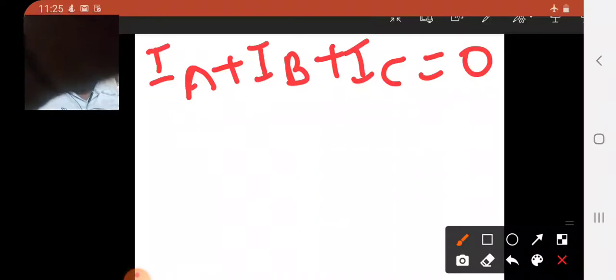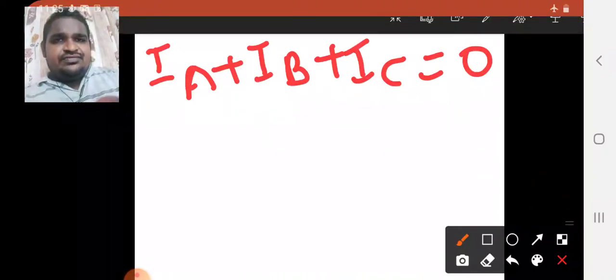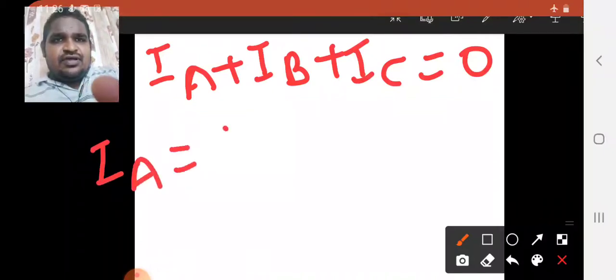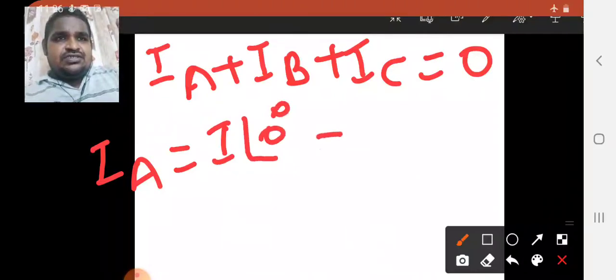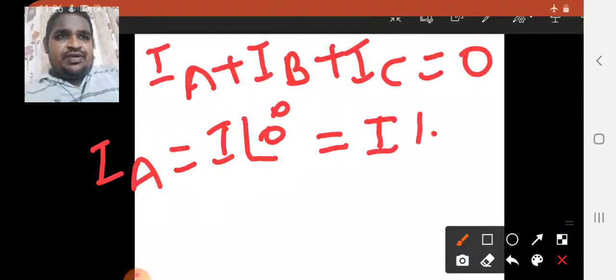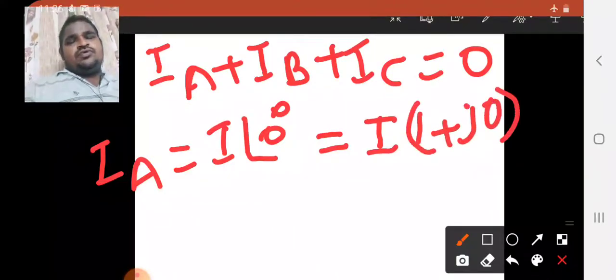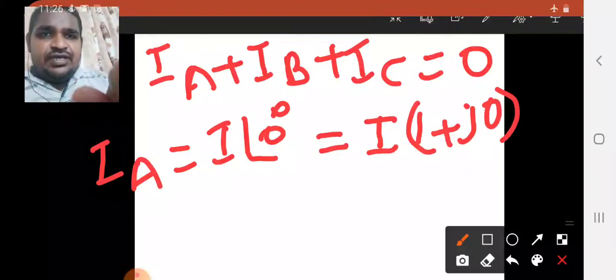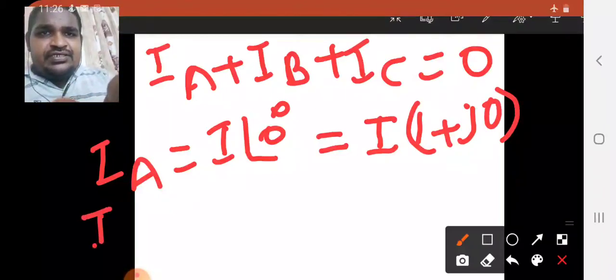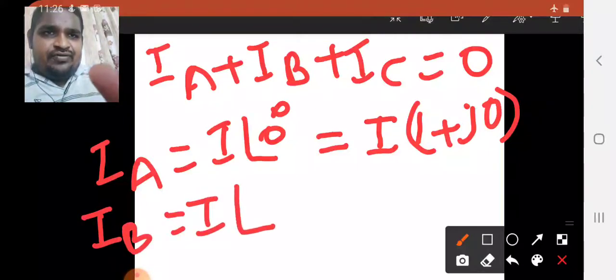The three phase currents may be considered as IA is equal to I at an angle of 0 degrees. This implies I (1 plus j0). Similarly, IB is equal to I at an angle of minus 120.